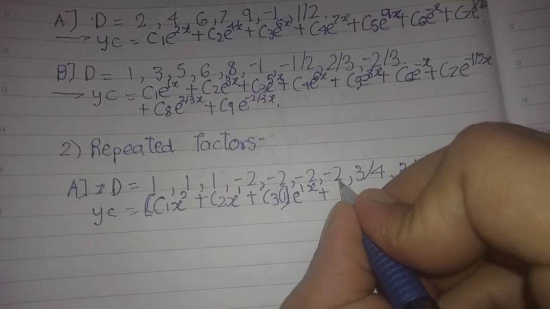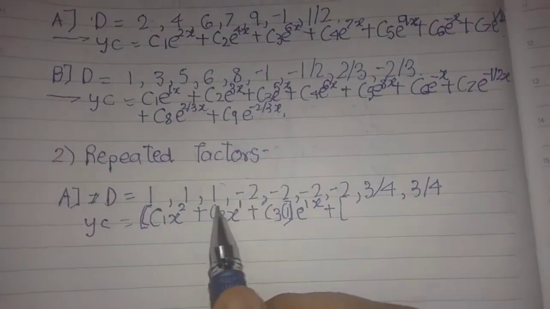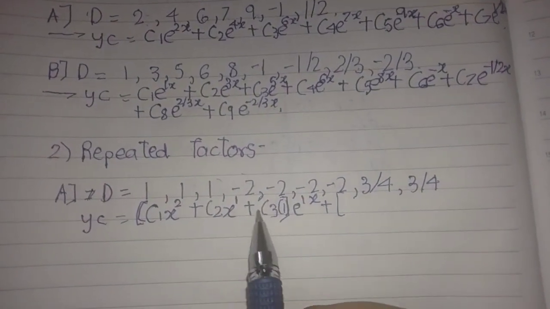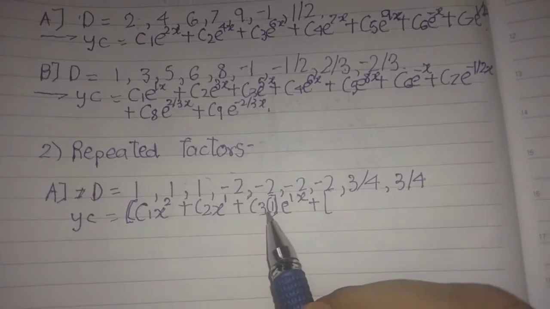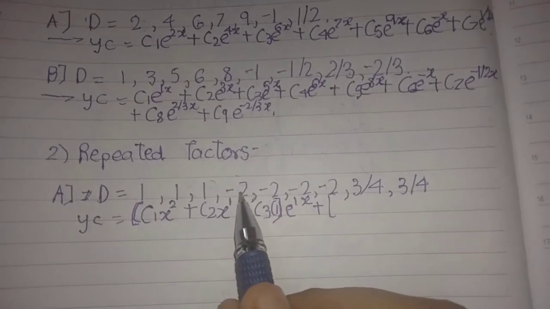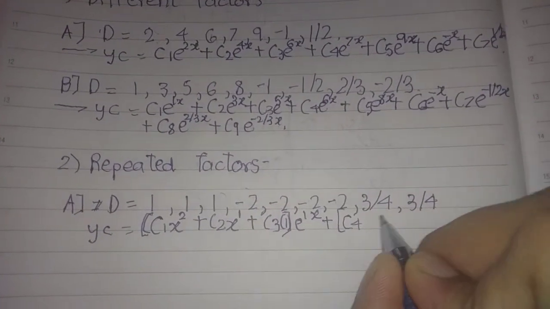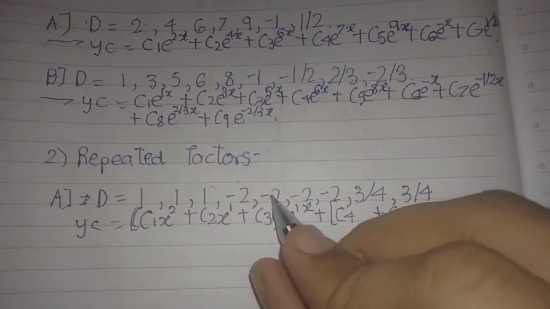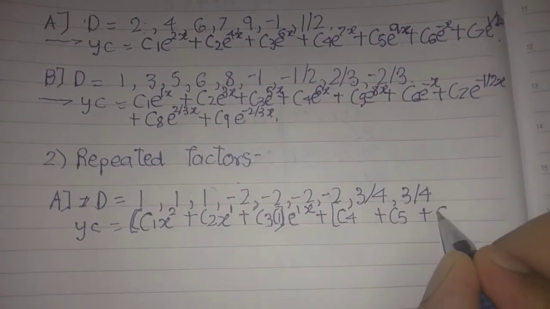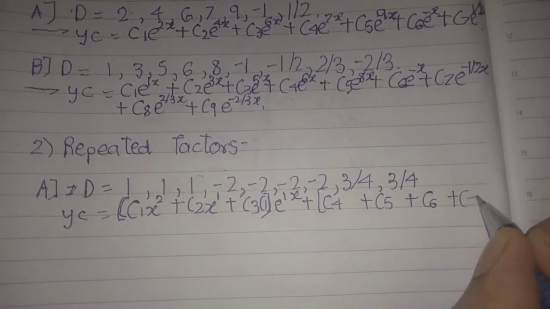Again we are going to solve the second group. Minus 2 is repeated 4 times. We have written up to C3, so now C4 represents the 4th term which is minus 2, so C4 plus C5 plus C6 plus C7.